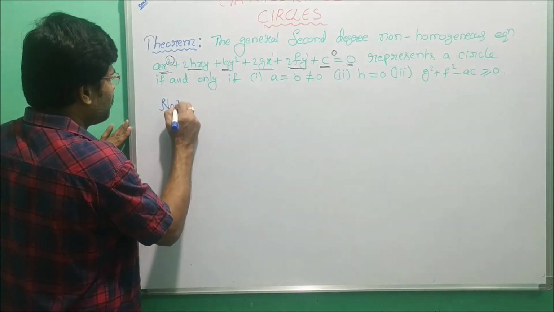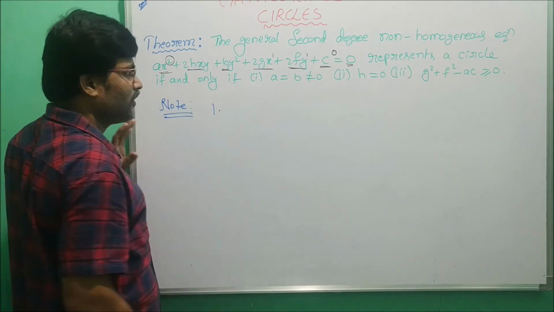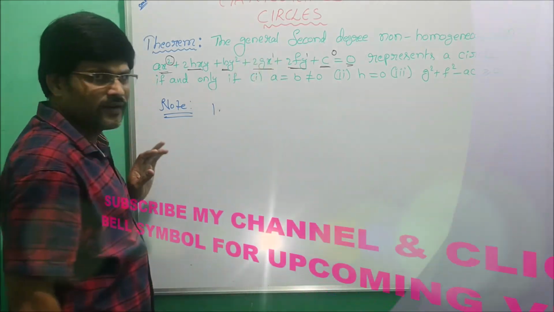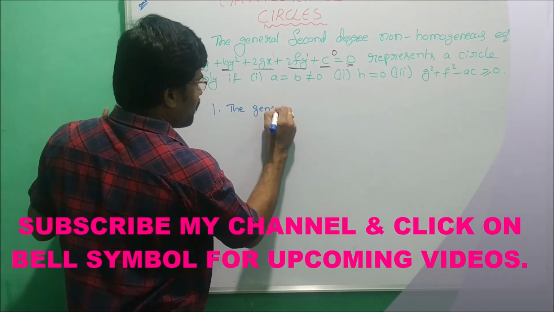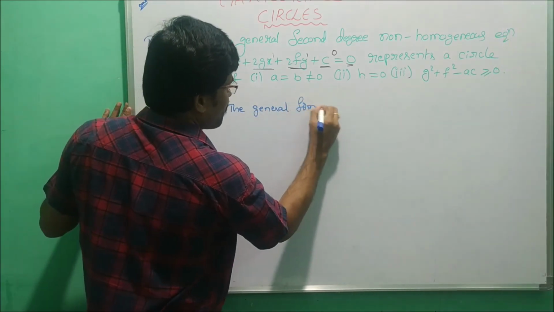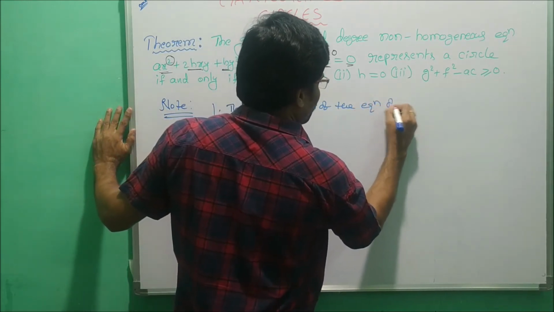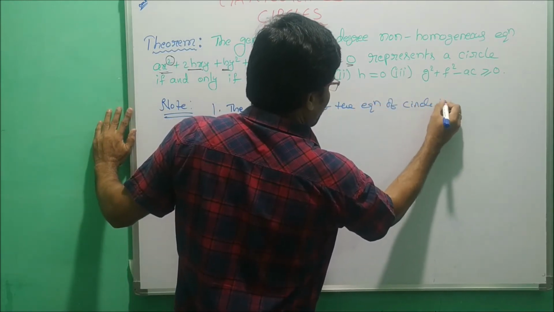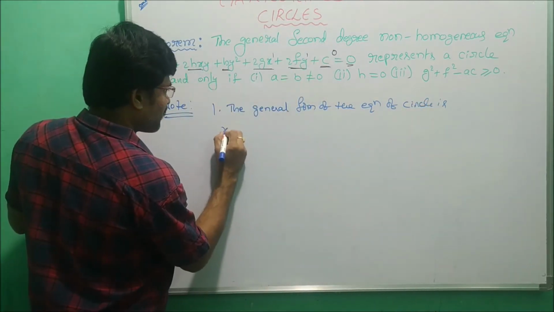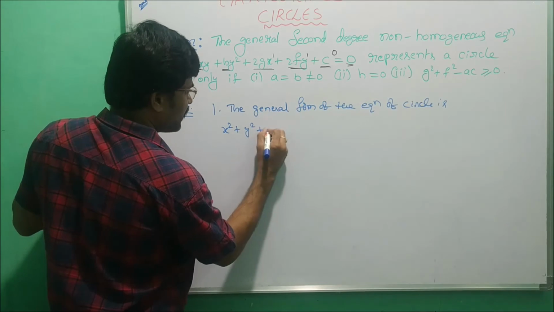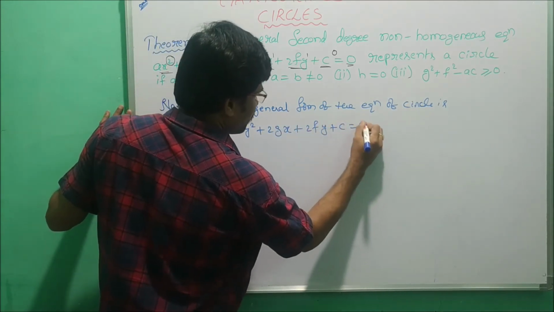Now the note conditions are: the first one is the general form of the equation of a circle, which is x² + y² + 2gx + 2fy + c = 0.